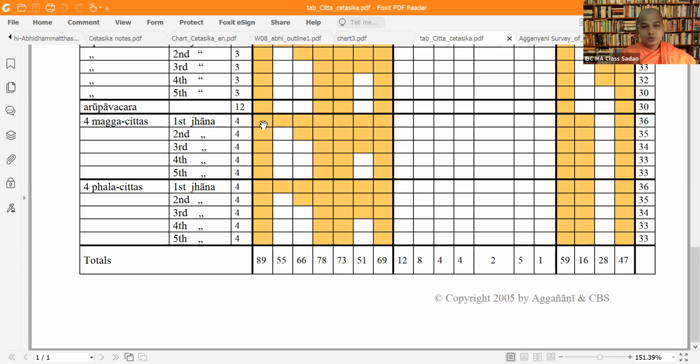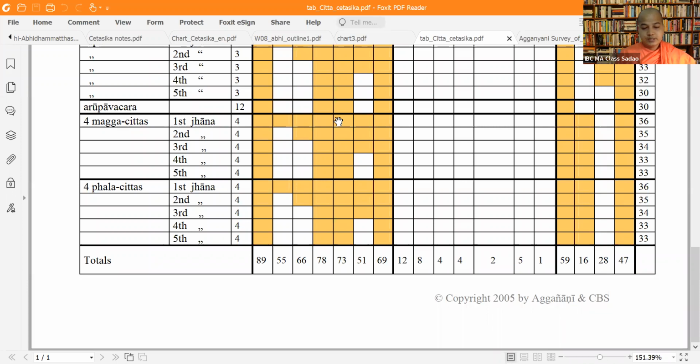You can see here that 7 universals are present. So this represents 7 universals. You can actually count, and then Vitakka, so that becomes 8. Then Vichara, 9. Then Adimukha, 10.